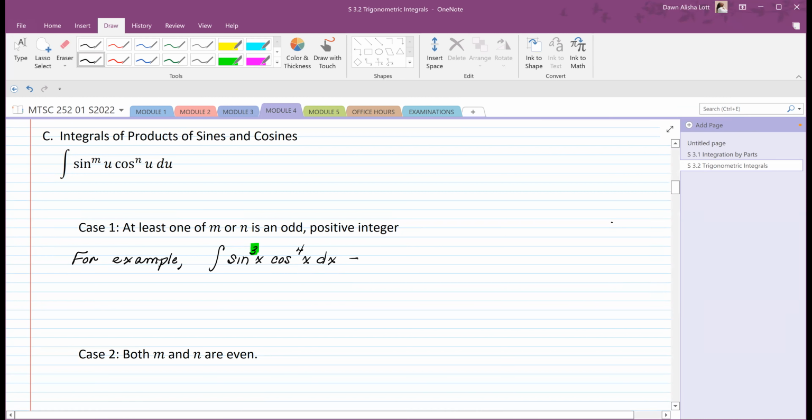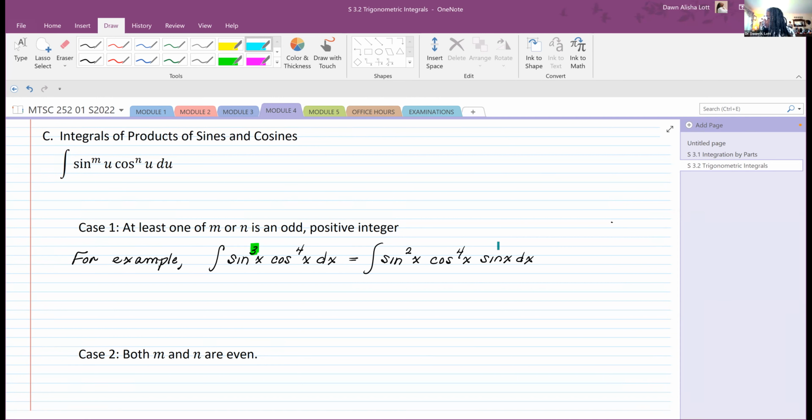We'll rewrite this as the integral of sine squared of x cosine to the fourth of x, and then the sine of x dx. Now that we have saved our sine of x dx, we already pulled from the sine, now we have to throw the rest of the sines away.